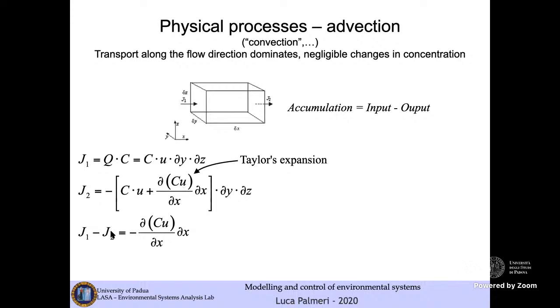If you make the difference, J1 minus J2, so we are really writing the accumulation quantity here.